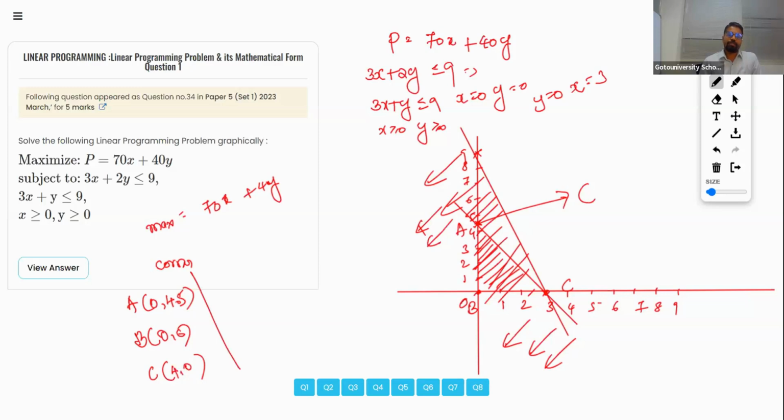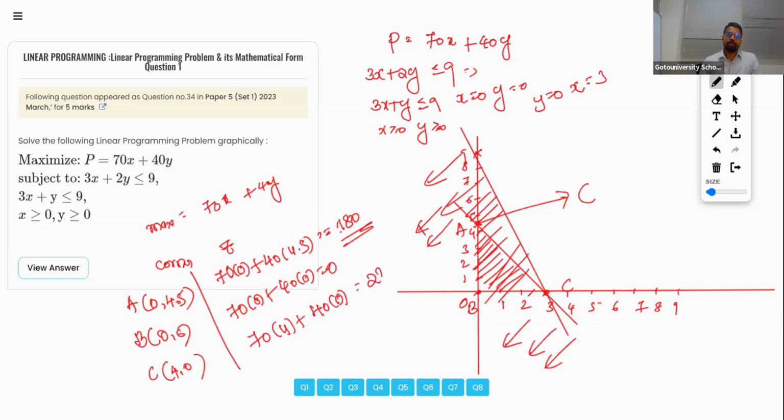Our objective function is here. If we substitute, the value of z will be 70 into 0 plus 40 into 4.5, that is 180. Next, 70 into 0 plus 40 into 0, which is 0. Last one, 70 into 4 plus 40 into 0, which is 280.